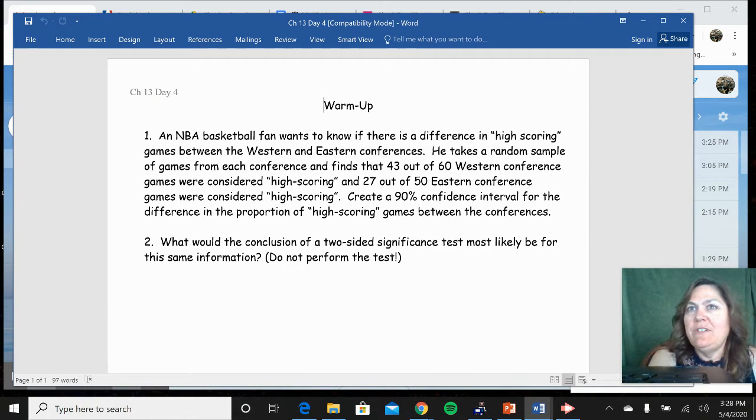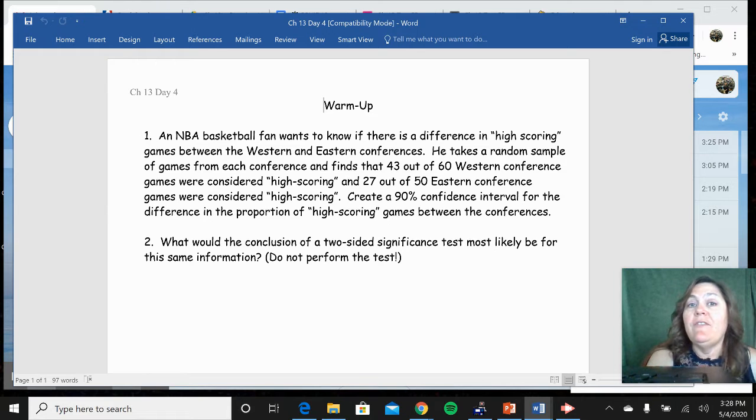One of the things I want to do first is a warm-up where you're going to practice a two-sample proportion test like we learned yesterday. When you are done with question number one, I would like for you to answer number two and connect what you did with your CI.